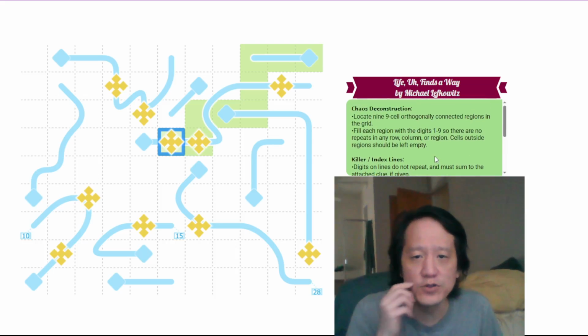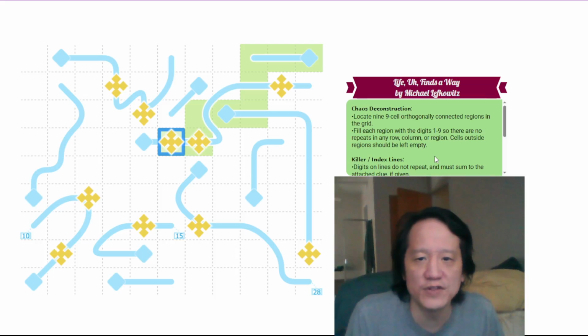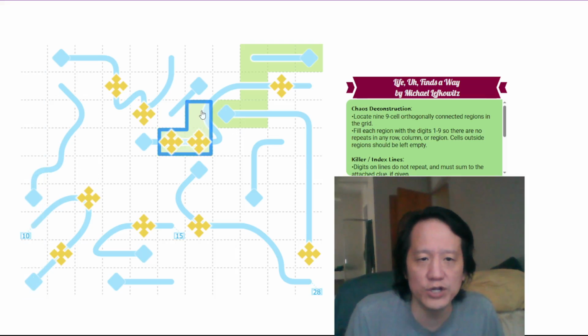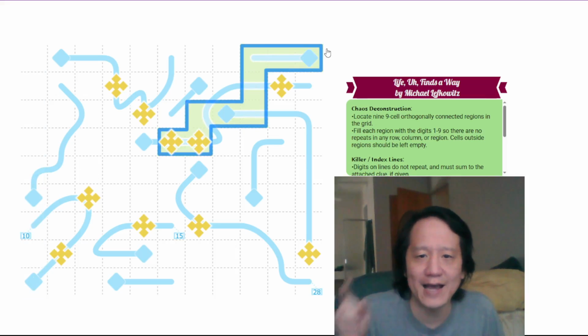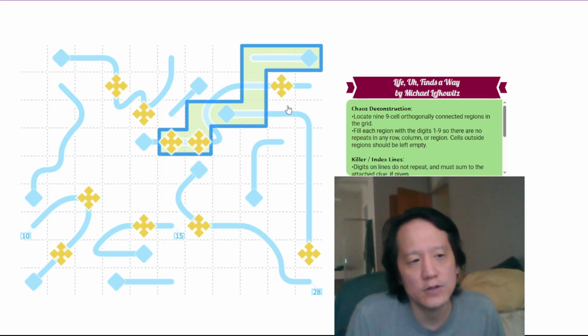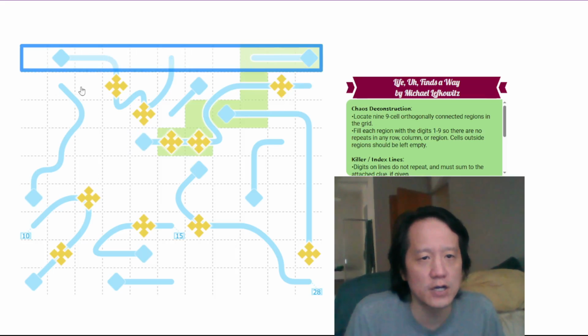We need to fill the region with the digits 1 through 9 so that there are no repeats in any row, column, or region. Cells outside regions should be left empty. So again, we cannot have repeats within a row, a column.